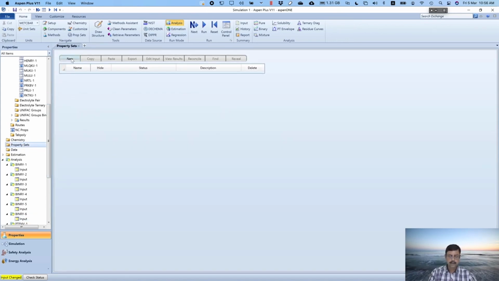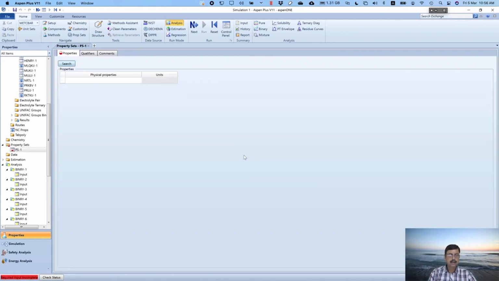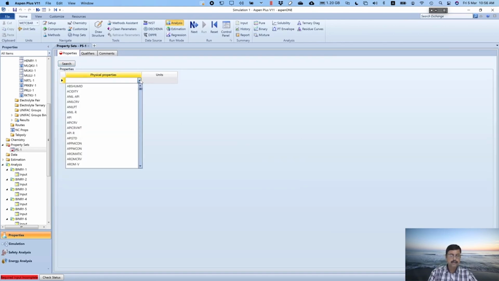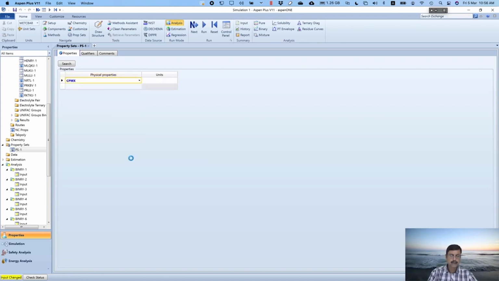So let us enter the ID PS1, and let us say we want CPMX, so this is the heat capacity Cp of a mixture, and we can ask for MUMX. So that is the viscosity of a mixture.